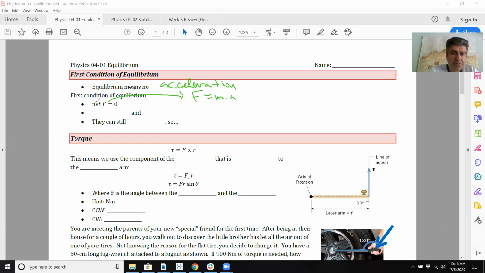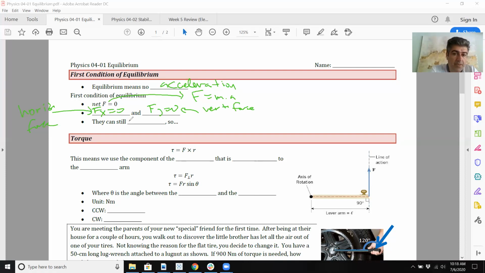Also, because your net force is 0, your horizontal force is 0, and your vertical force is also 0. So Fx, Fy for those subscripts.